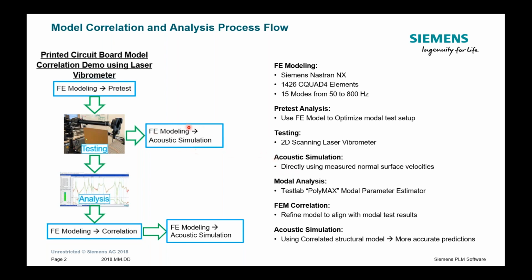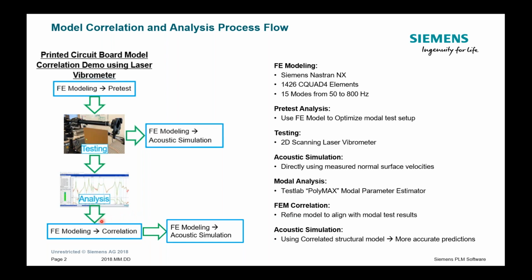And this part right here was using directly the surface velocities that were measured. So with the laser vibrometer, that measures the surface velocities, and we can use that as direct input to acoustic simulation if we want to do it that way. Or else we can go down this way and send the measured data with the scanning laser to our modal analysis package and do some curve fitting.